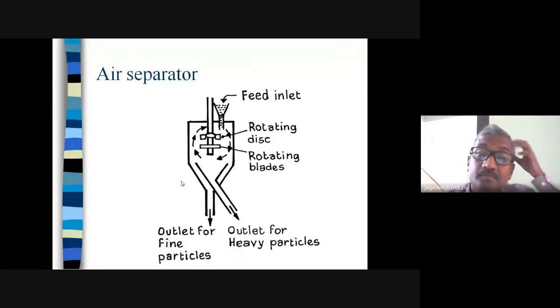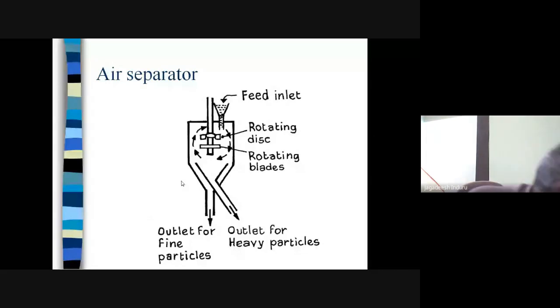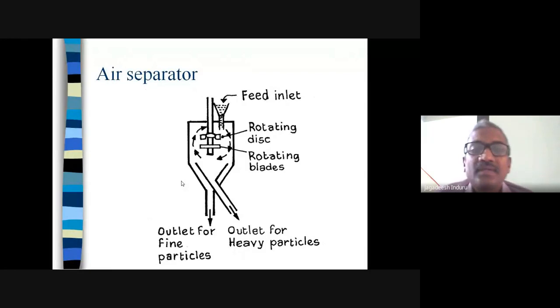Now we will be entering into the working portion. In the working of the equipment, we are going to feed the material, a powder mixture, directly at the top into the hopper.